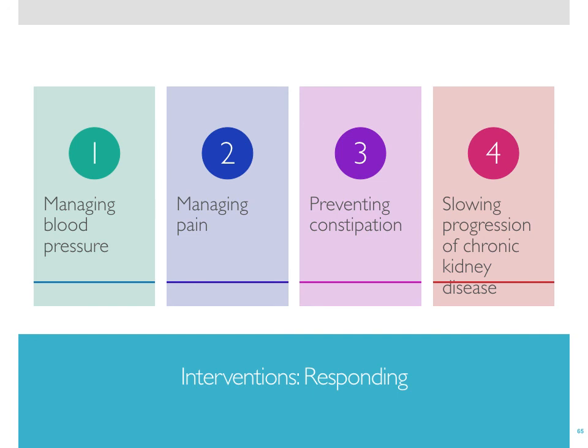We want to slow the progression of their chronic kidney disease. Obviously, this is something where genetically and physiologically the kidney is already undergoing damage. But one of the ways that we can slow that progression is by having increased fluid intake, up to 2 liters per day.